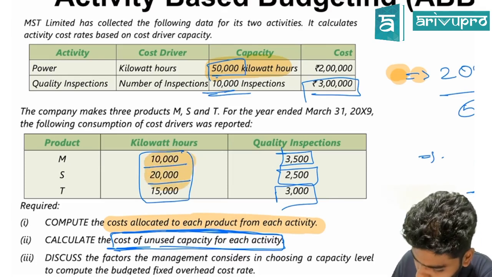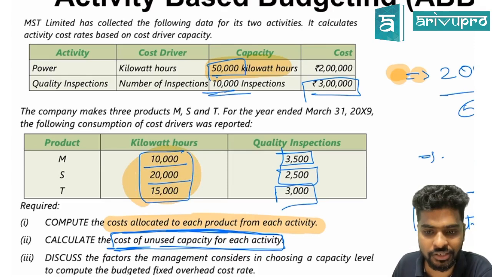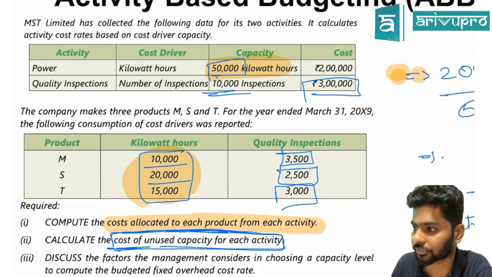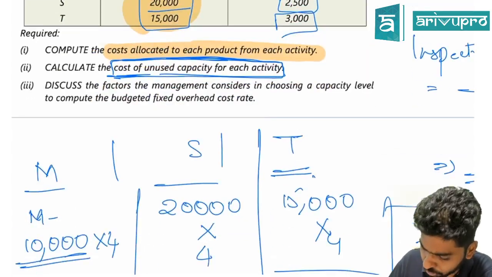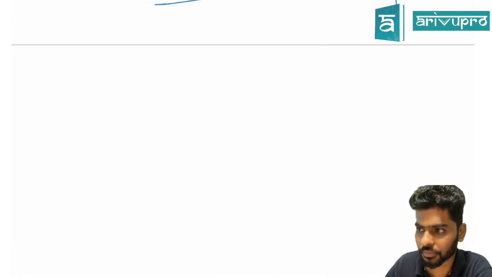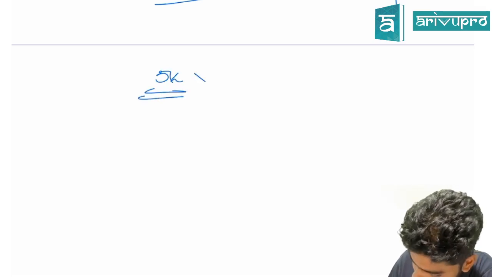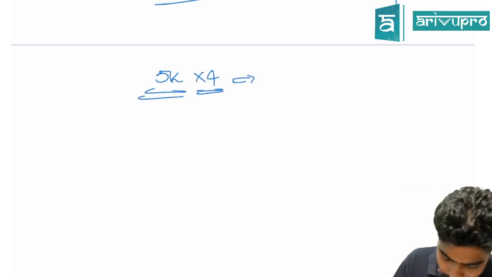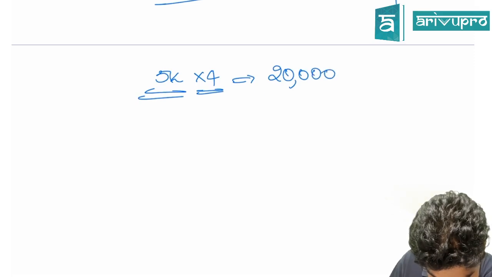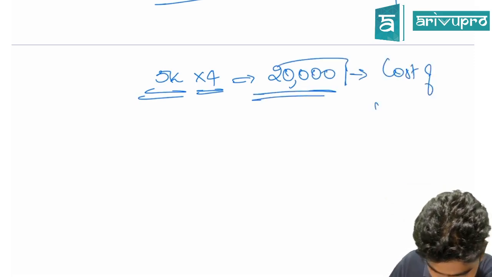If I do the total, what is my total capacity hours which I've used? 45,000. Therefore, what is the unused capacity for me? 5,000, right? So 5,000 into 4, that comes to 20,000 rupees, which is my cost of unused capacity.